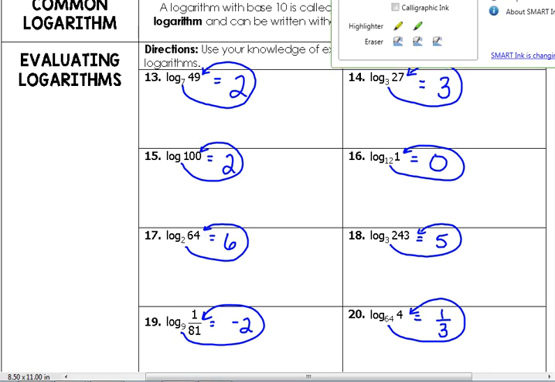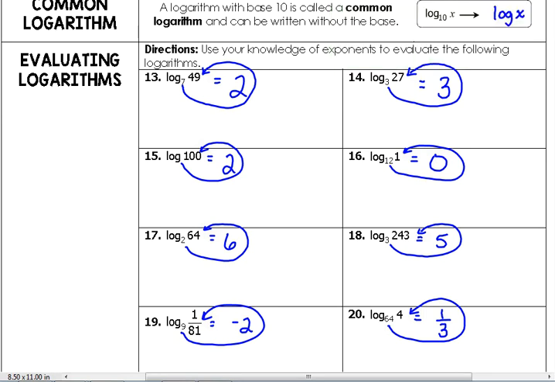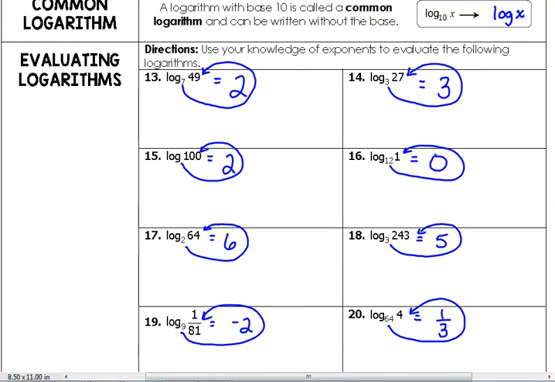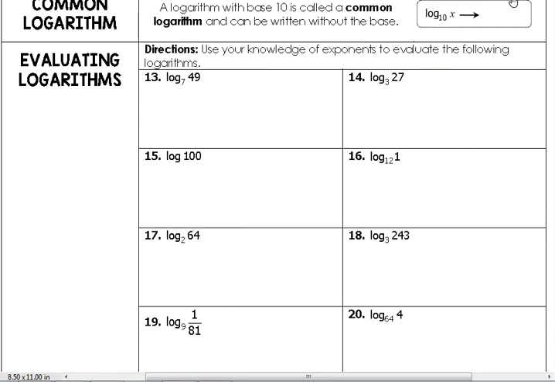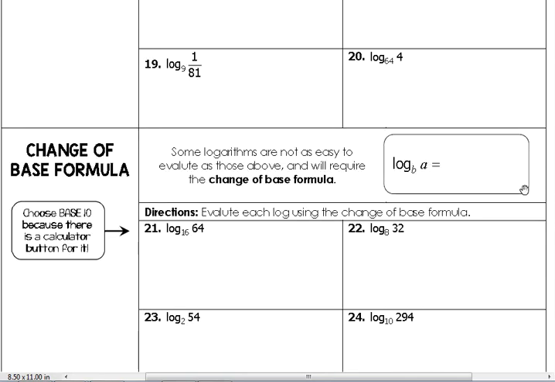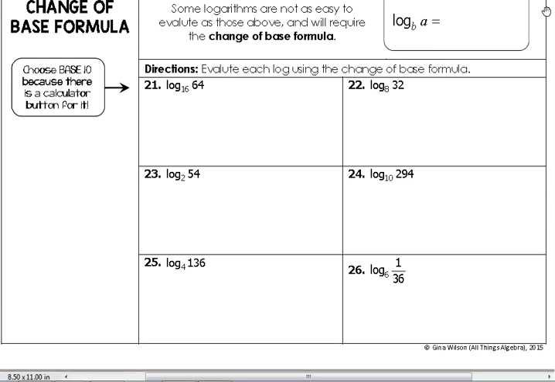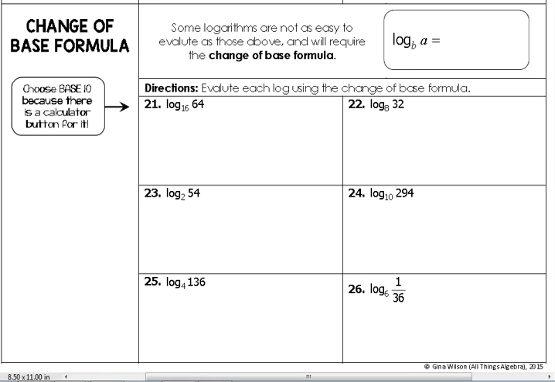Okay, now, the thing is, these logarithms like this are not always going to be nice, pretty, whole number answers, okay? Which means that those two numbers may not always have an explicit relationship with each other.